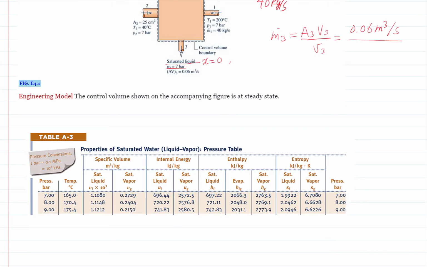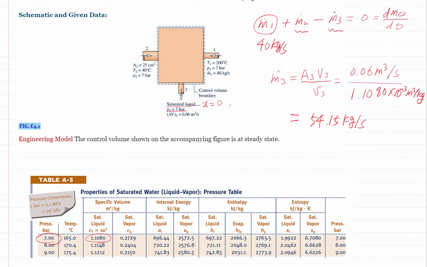See table A-3. At 7 bar, the specific volume of the saturated liquid is here, 1.108 times 10 to the negative third cubic meters per kilogram. Let's calculate the mass flow rate at inlet 2, m2 dot equals m3 dot minus m1 dot. So both flow rates are known.